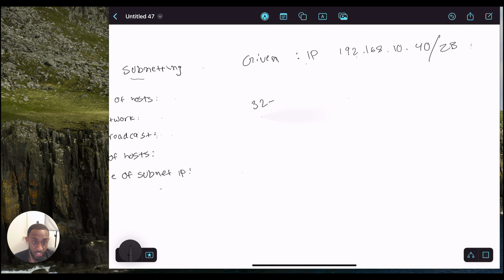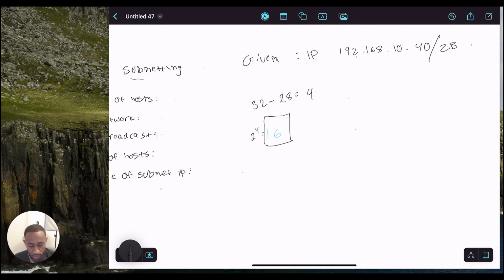Just remember that number for class C. We do 32 minus 28, and that gives you 4. Then all you have to do is 2 to the power of 4, which is 2 times 2 times 2 times 2, which gives you 16. That's the magic number.